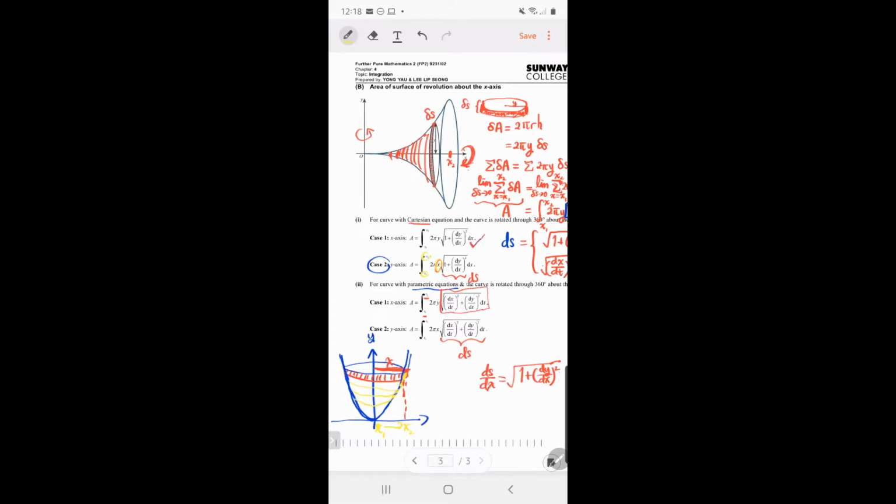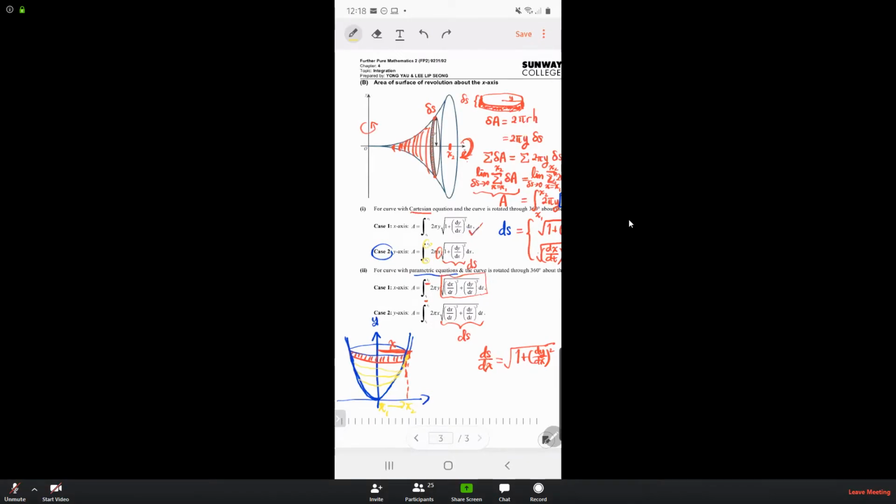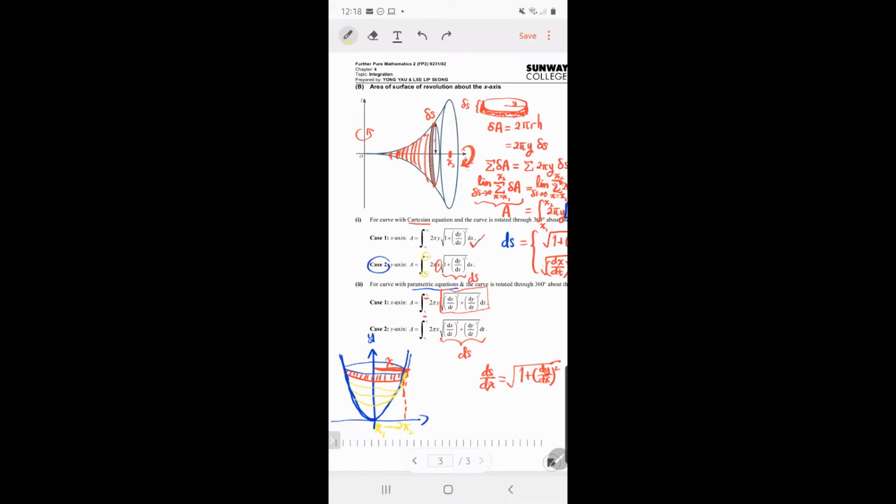Okay, so 2 pi x times the square root of 1 plus dy dx squared dx when you are given Cartesian form. And then if you have the parametric form, then you use 2 pi x square root of dx dt squared plus dy dt squared. Then you integrate with respect to dt.